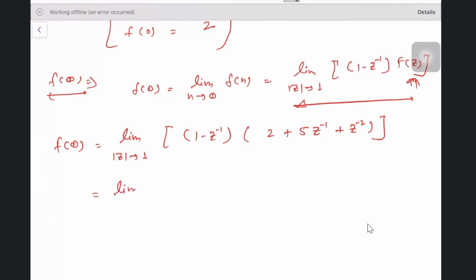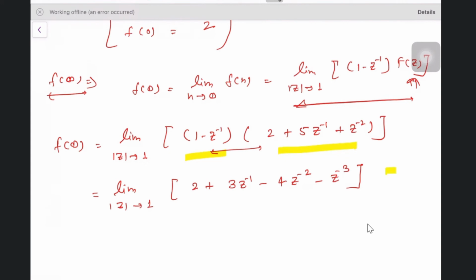When you multiply both the terms, you will get 2 plus 3 z inverse minus 4 z to the power minus 2 minus z to the power minus 3. After multiplying these two terms, you will get this final value. Now from here you can directly put z tends to 1.